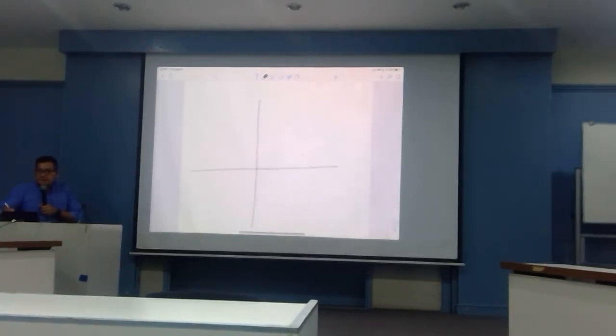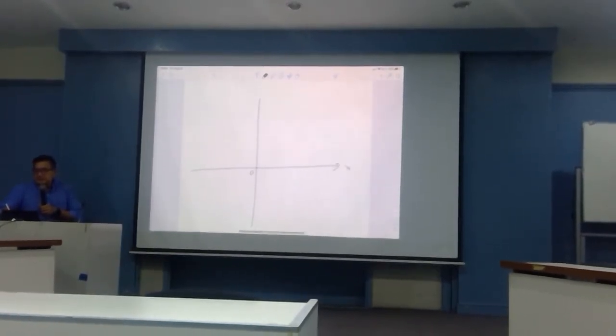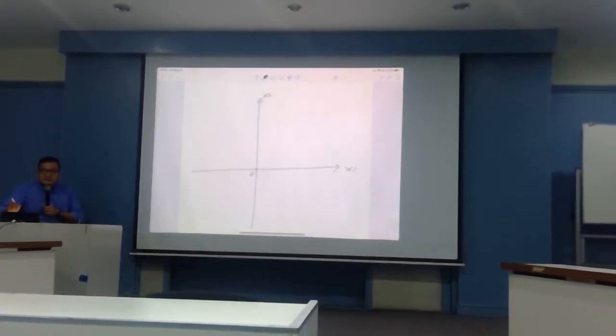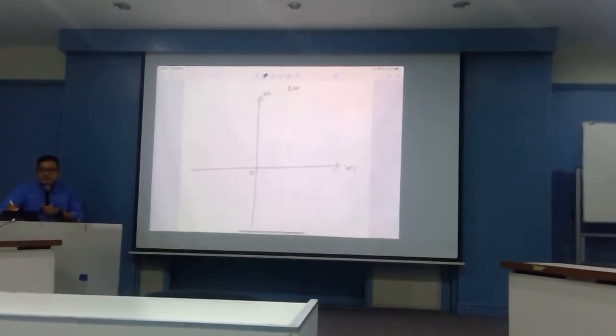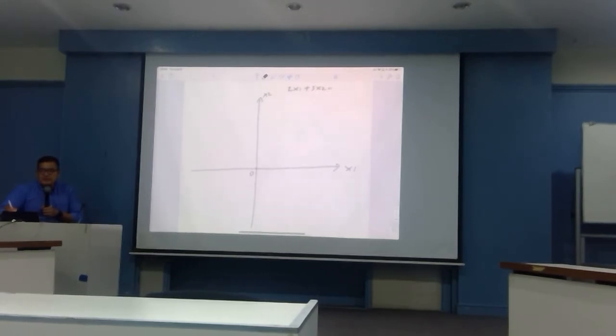Normally, let's say this is the origin point, this is x1, this is x2. If you have this constraint, 2x1 plus 5x2 equal to 10, you can see the coefficient in front of x1 is positive, and the coefficient in front of x2 is also positive. Both are positive, so when you draw this graph, it goes like this, cutting at positive x1 and positive x2.